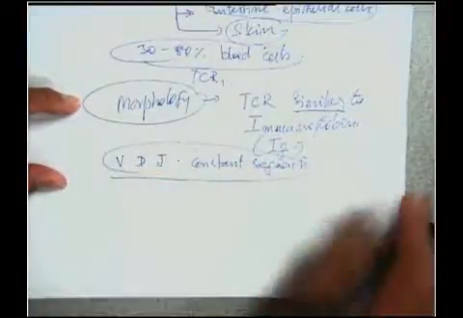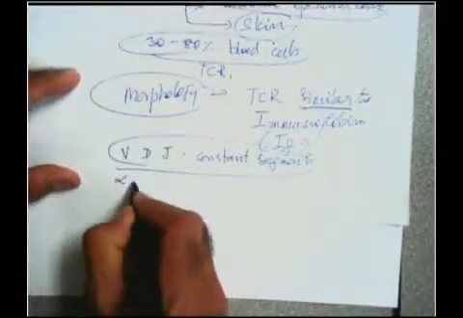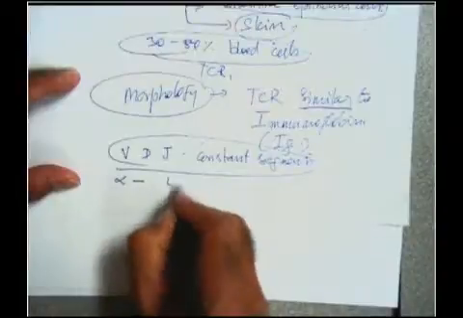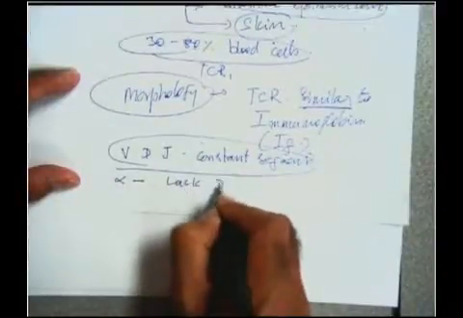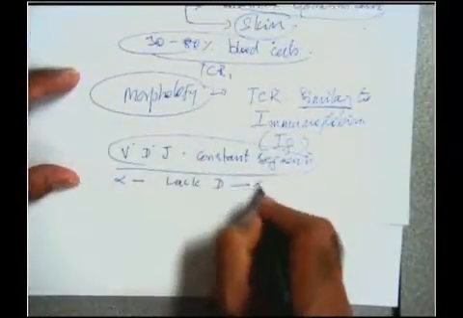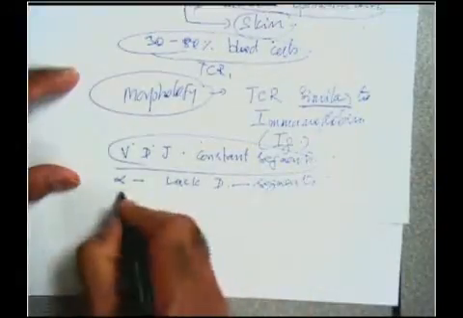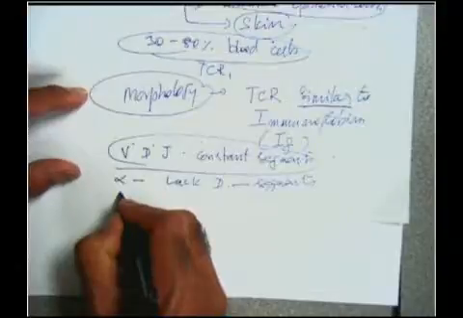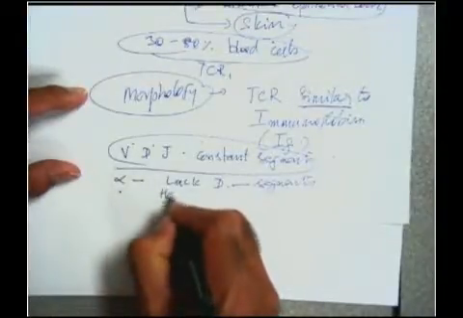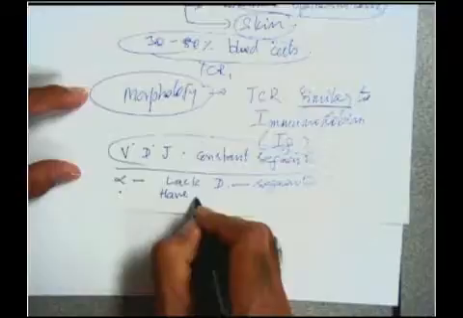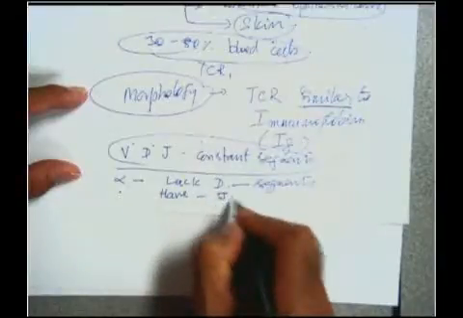How do they vary? The alpha chain lacks the D segments, the D region. This particular protein lacks it, there is no D. But the alpha chain has numerous J segments.